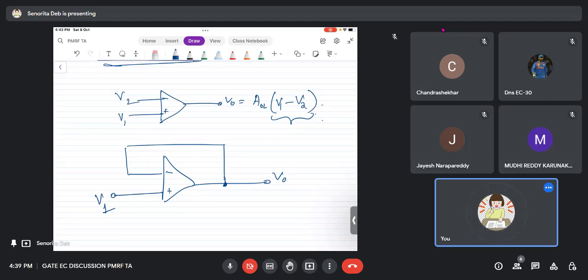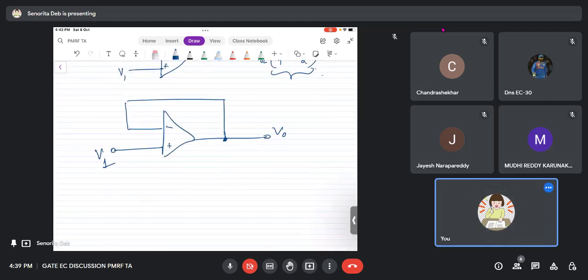What this is doing is V1 minus V0 into AOL equals V0. In negative feedback, you try to minimize the error between these two nodes.